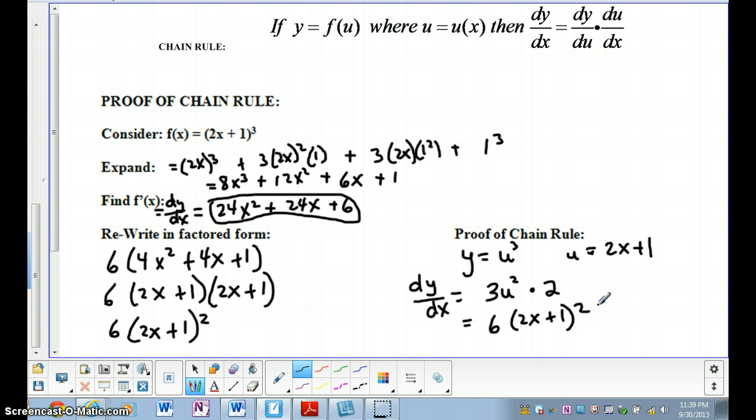And you can see that our derivative with respect to x can be found either using the chain rule, and it seems to me that's much faster, or by expanding and multiplying out, and then finding the derivative. So I want to keep showing you multiple ways of how to find the derivative, because every IB problem could be approached differently, and based on your strengths you will pick which one.